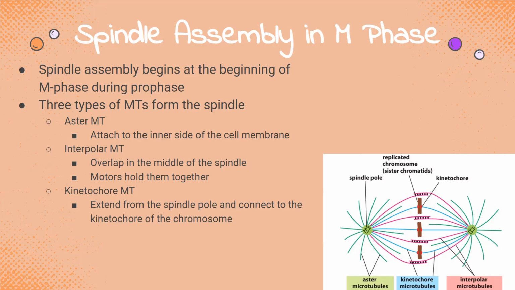They'll also contribute to push-pull. Their name seems a little bit random compared to kinetochore and interpolar. But the way that I remember it is these are the green ones that are coming out here, and it looks like flower petals, and an aster is a flower. So if that helps anybody, I think that's why they named them like that.